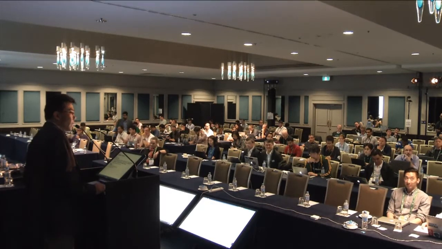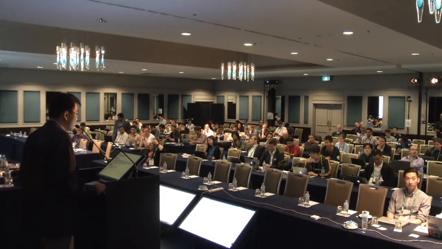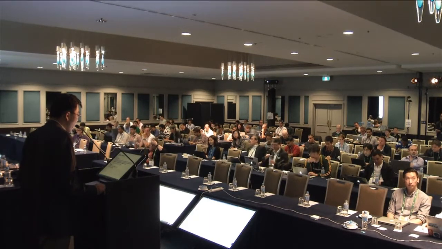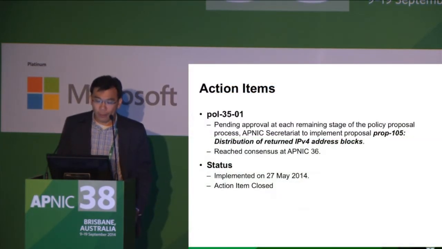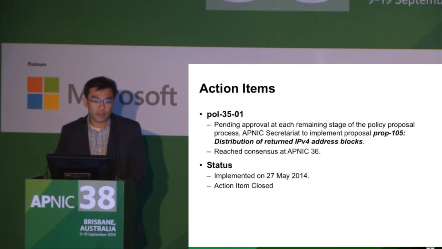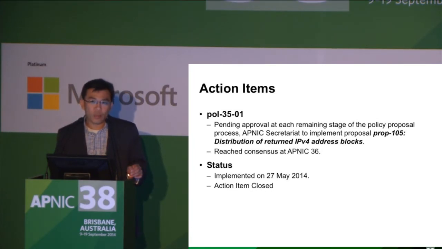Next is our action items. The first one is action item 3501, which was Prop 105. It proposed distribution of returned IPv4 address blocks from IANA. It reached consensus at APNIC 36, which was the second last meeting last year, and it was waiting for the distribution from IANA, but that's done this spring.